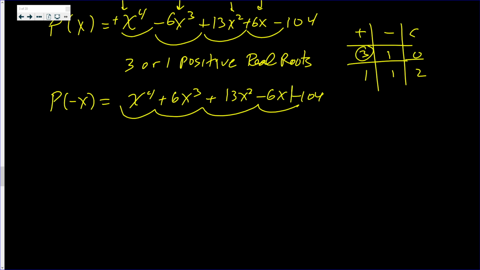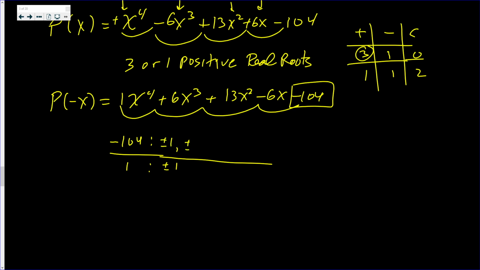So the rational roots test says to write all numbers that go into 104, write all numbers that go into 1, which are plus minus 1, and divide all combinations from the top and the bottom. Well, 1 goes into 104. It's an even number, so 2 goes in.